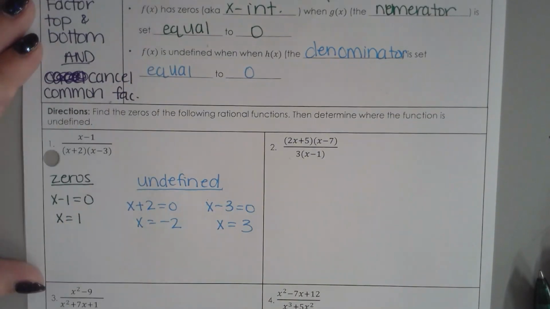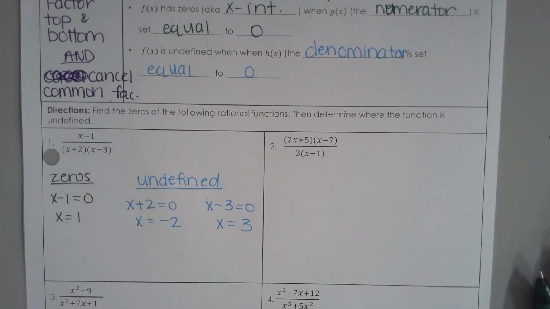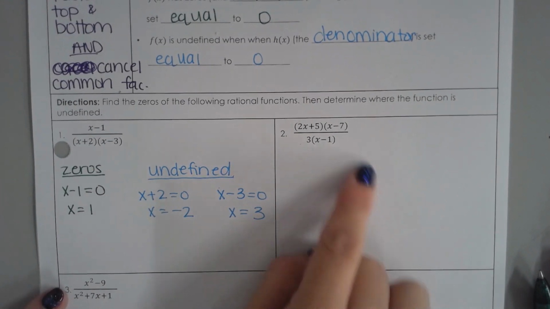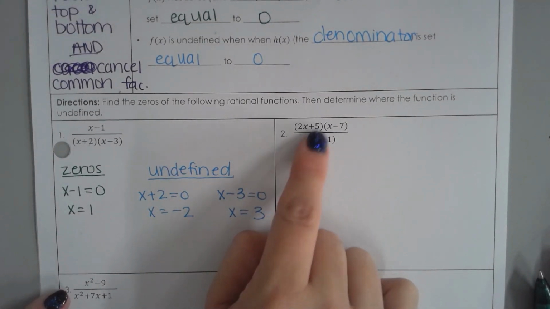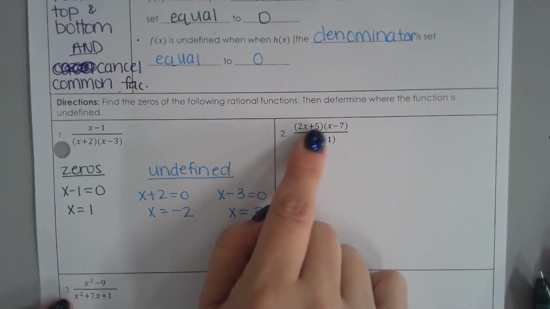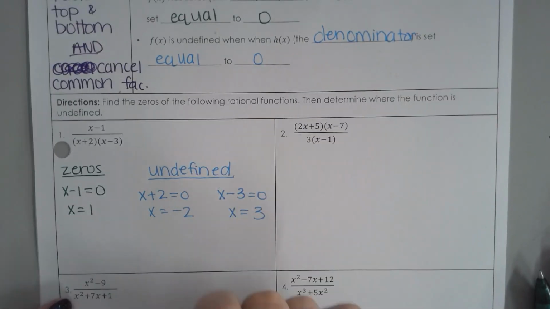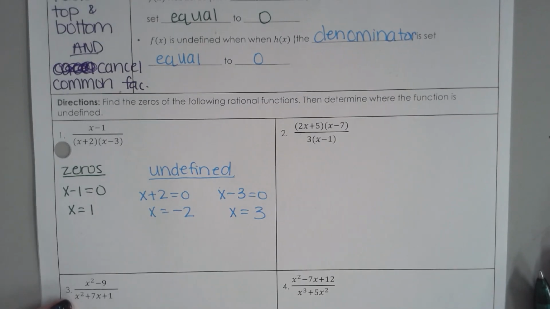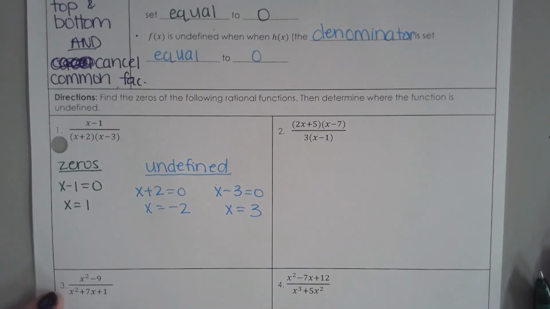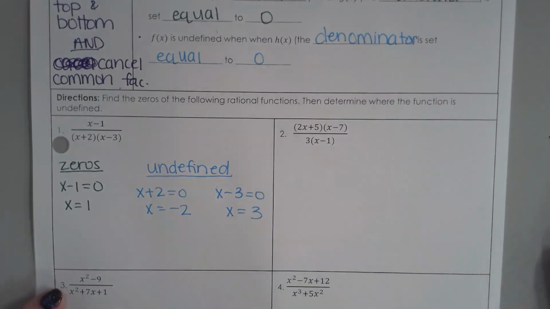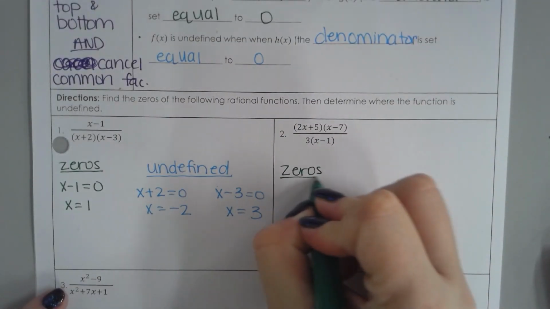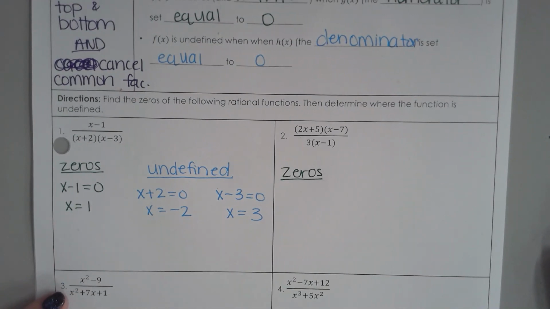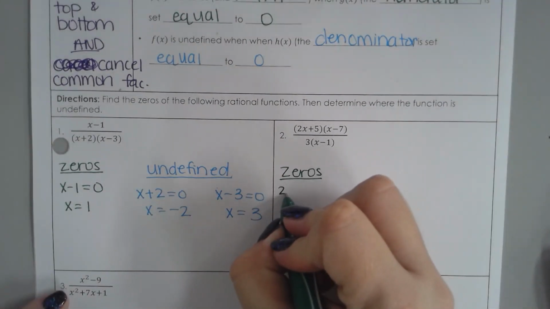Okay. All right, so number 2, I have a 2x plus 5. That does not factor down anymore. x minus 7, a 3, and an x minus 1. Nothing to cancel. So my zeros are where the numerator is equal to 0.